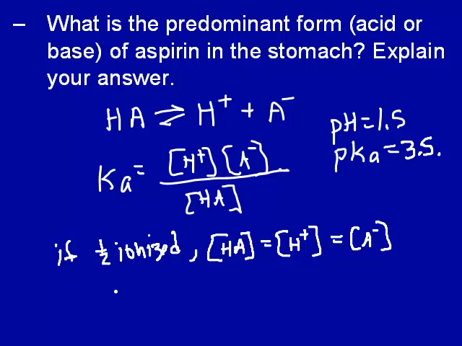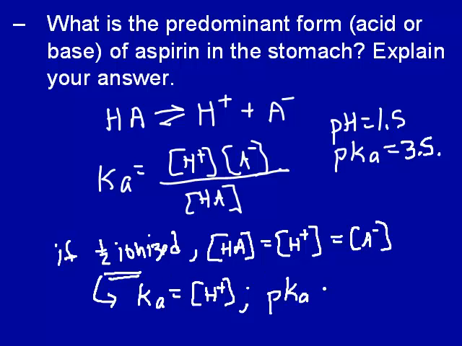That's interesting. Let's put that into this equation here. So if half ionization, the HA and the A minus concentration are equal, half ionization, that means that the Ka is equal to the H plus concentration. Or another way to look at this is the pKa at half ionized is equal to the pH.